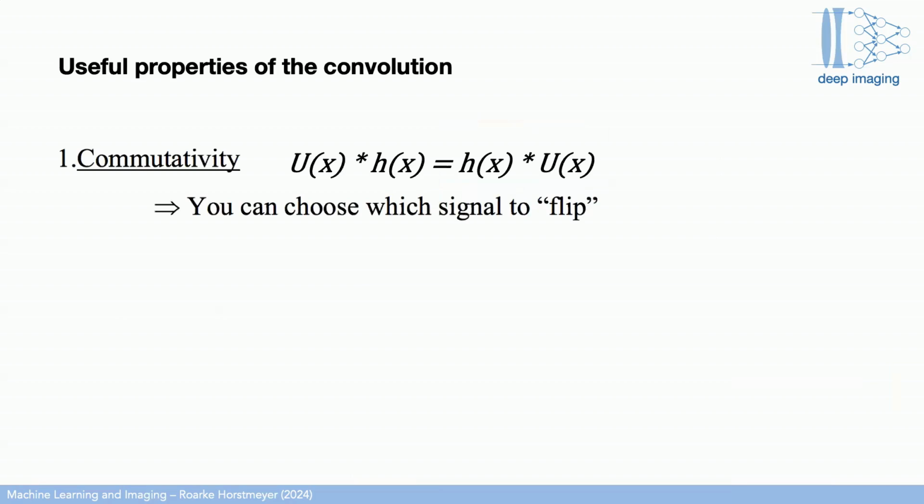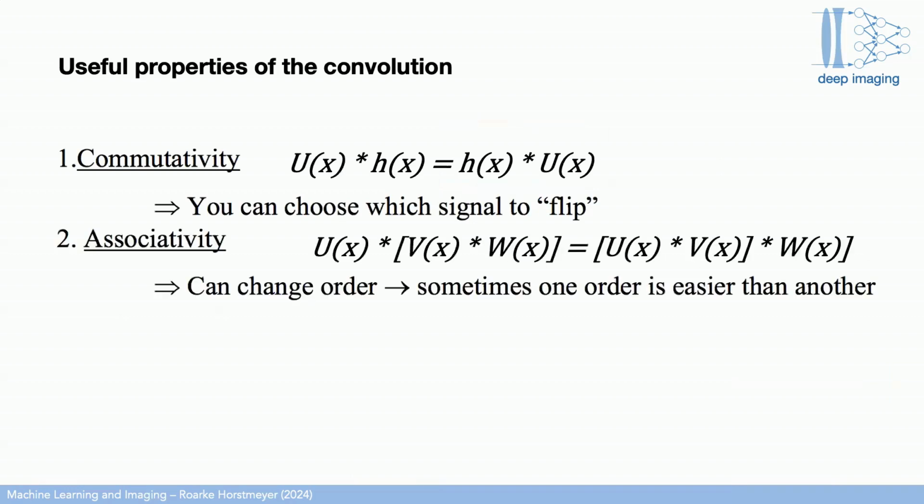Okay, so some properties of the convolution. It's commutative, right? You can flip it. Doesn't matter the order. It's associative, so you can perform them in different orders. It doesn't matter when you blur something and then blur it again, right? You can switch the order, and the output will be the same.